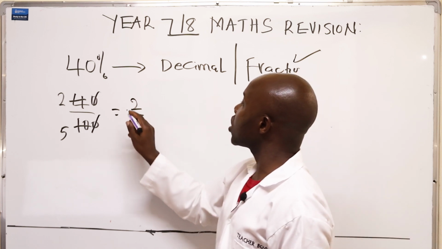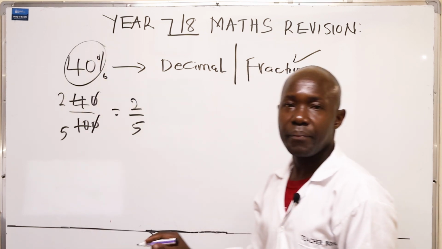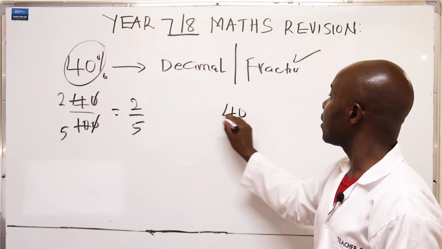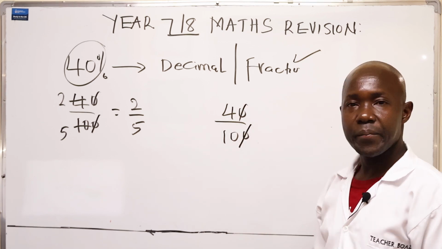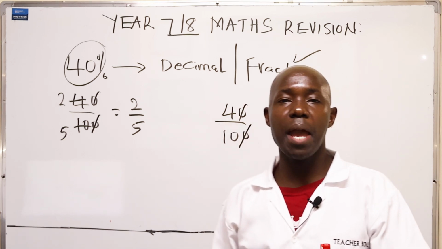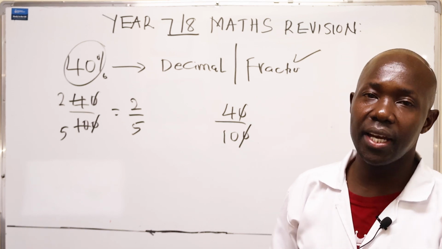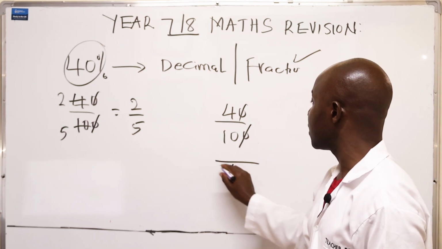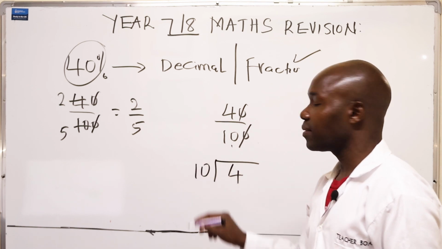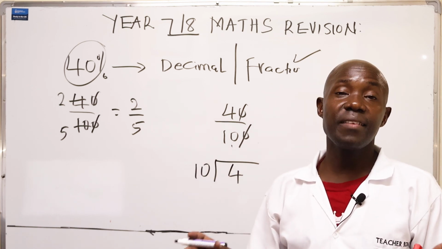But if you are to change it into decimal, you simply take 40, divide by 100. Then 0 will cancel. But remember, many a times we have the numerator over denominator. We can do the long division. You put 4 as your dividend and your 10 as your divisor using the long method.